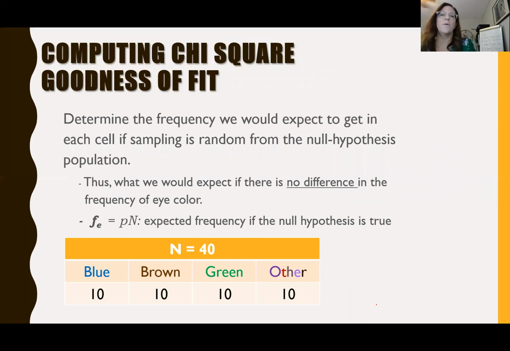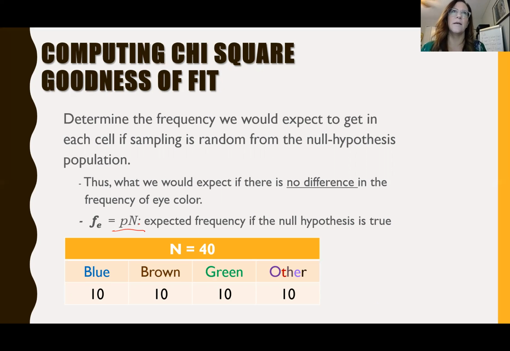So here's how we would find those expected frequencies. In this case, we're saying that there is not going to be a difference in the frequencies. There's going to be no difference. So we want to split our frequencies up equally. What we want to do is proportion times n.